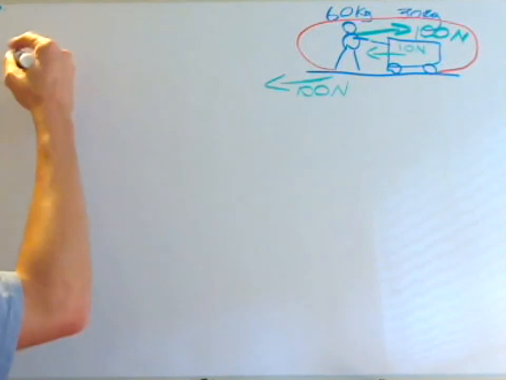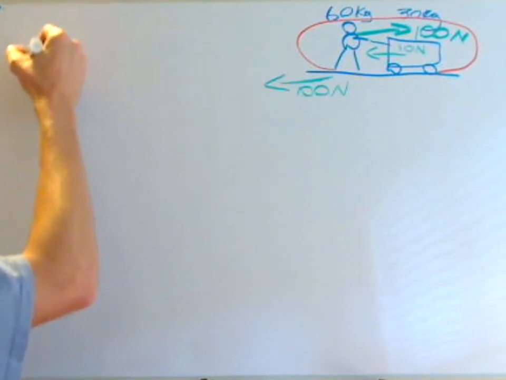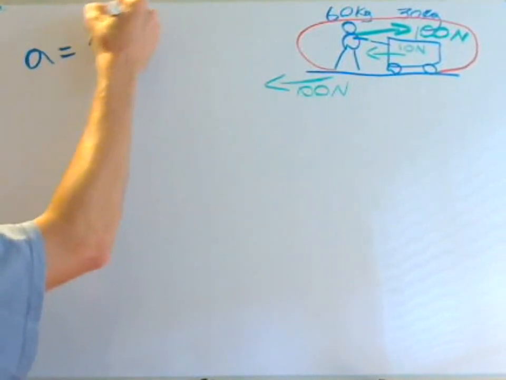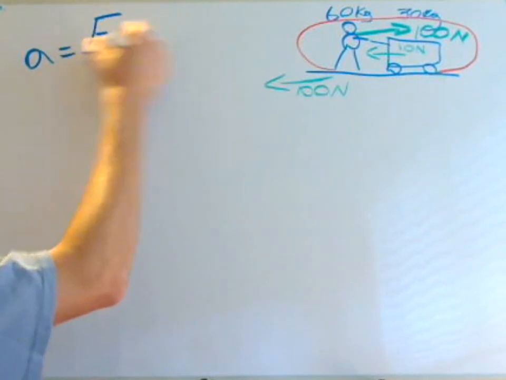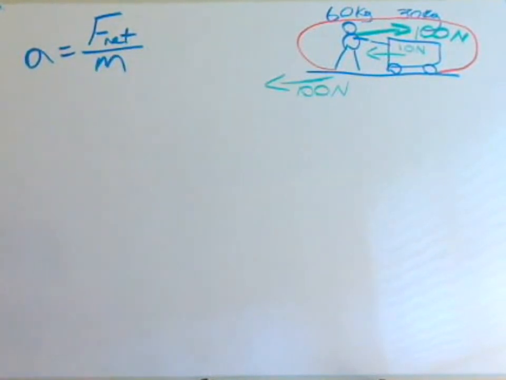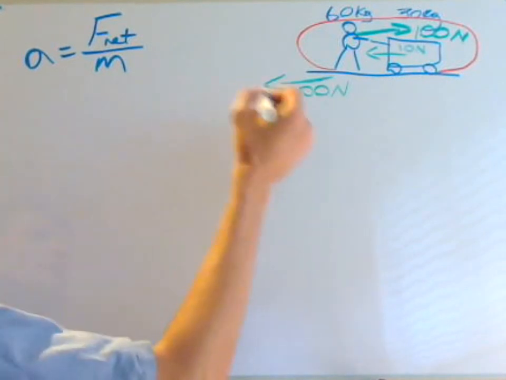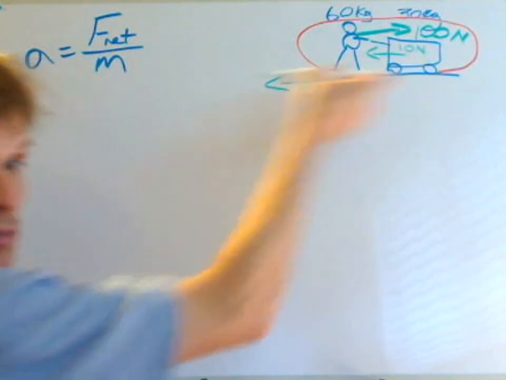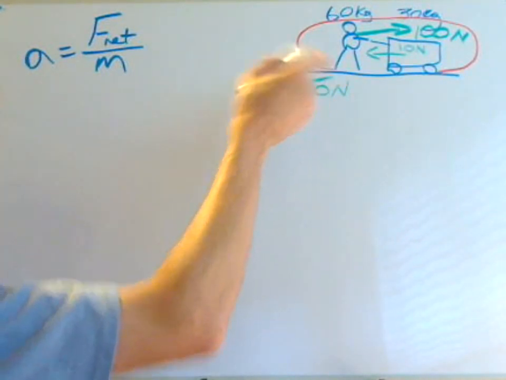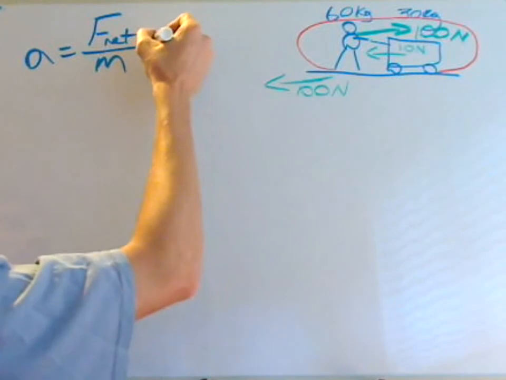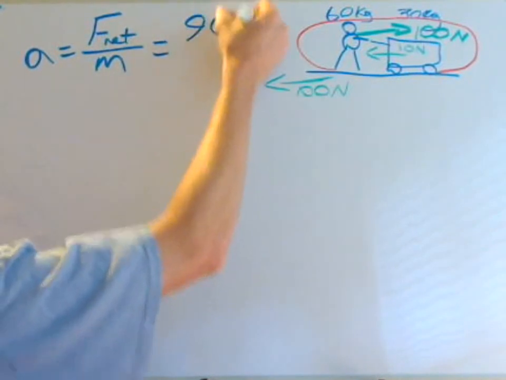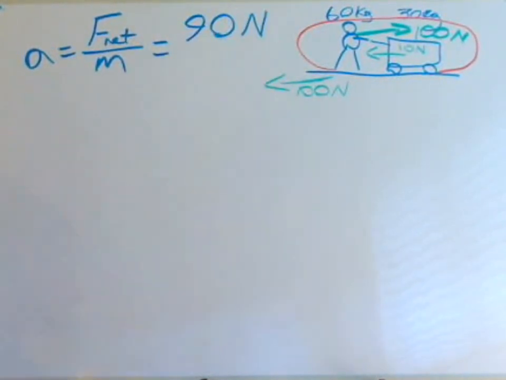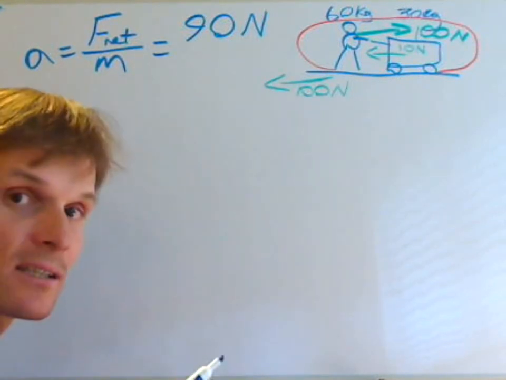And the acceleration is the net force divided by the mass of our system. Okay, and so the net force, we have 100 newtons that way, 10 newtons this way. So 100 minus 10 means our net force is 90 newtons. Okay? Now we need the mass of the system here.